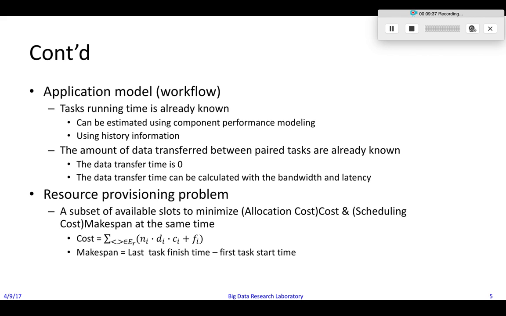So the resource provision problem can be summarized as finding a subset of available resources to minimize the allocation cost and scheduling cost.